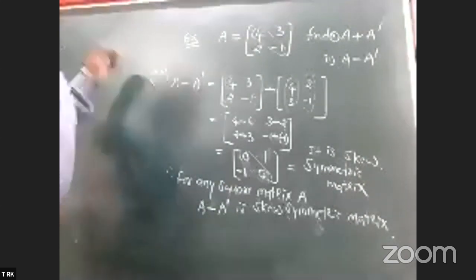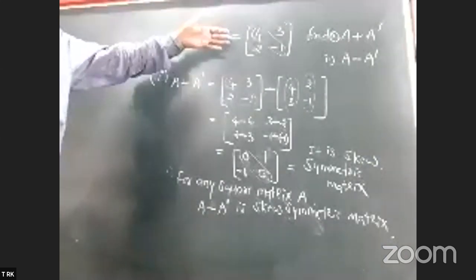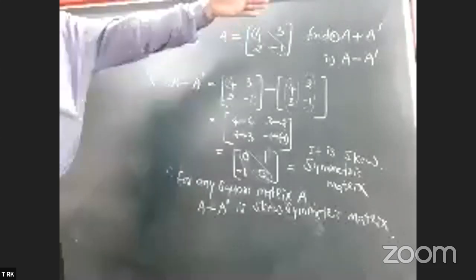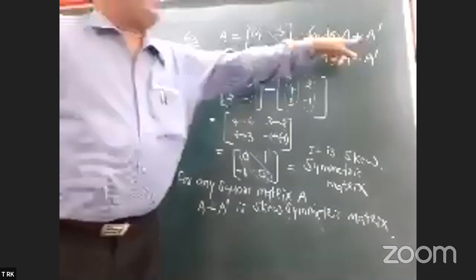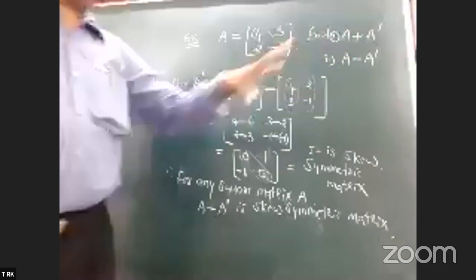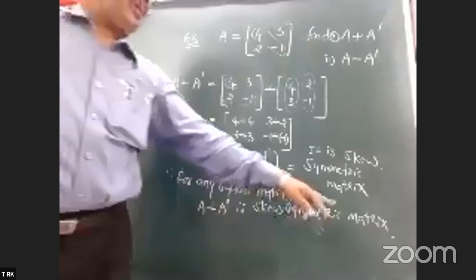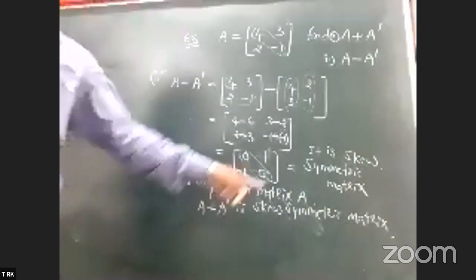See, for this particular 2 cross 2 ordered matrix, it's clear A plus A dash gives a symmetric matrix, and A minus A dash gives a skew symmetric matrix.